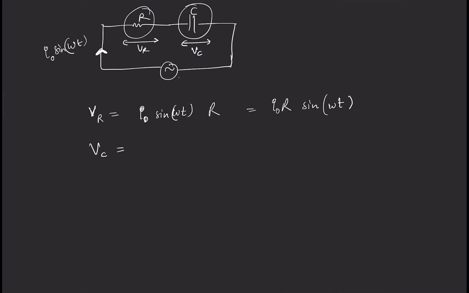So since voltage lags behind current, firstly we have to write sine of omega t minus pi by 2, because in capacitance voltage lags behind current.